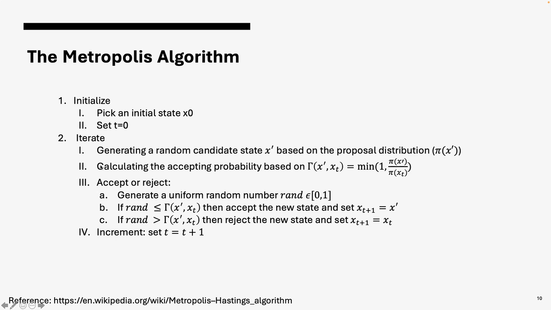Then we calculate the acceptance probability, where gamma is equal to the minimum of 1 and the ratio we calculated before.